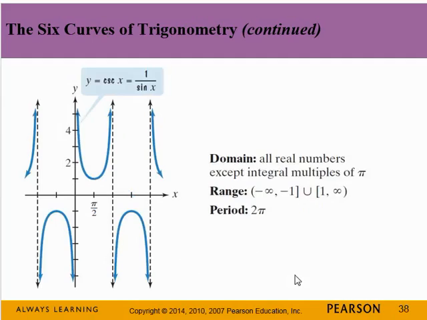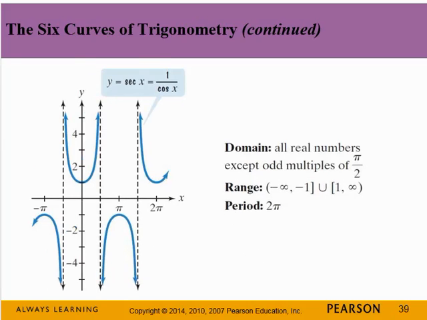Then your cosecant: domain is all real numbers except the integral multiples of pi. Your range is negative infinity to negative 1, and then 1 to infinity, and your period is 2 pi. And lastly, your secant curve: your domain is all real numbers except odd multiples of pi over 2. Your range is negative infinity to negative 1, and then 1 to infinity, and your period is 2 pi.